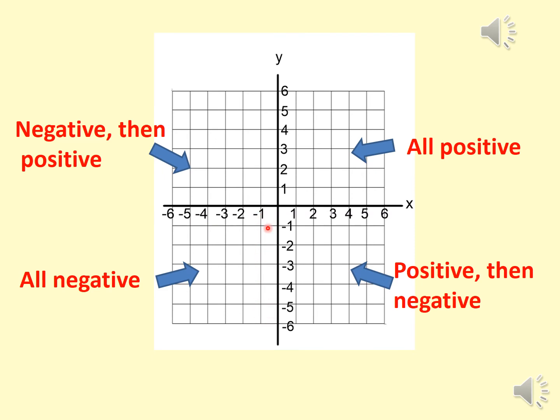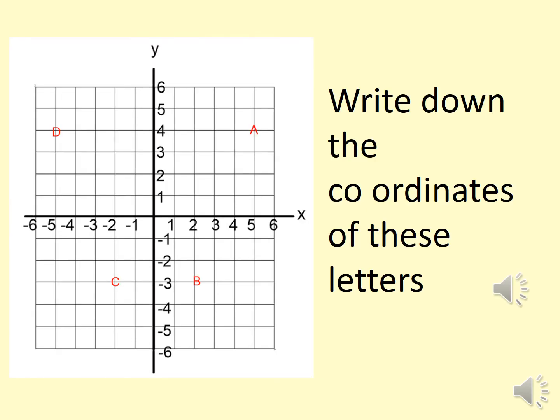If we move along to the bottom right, then all of the x-axis numbers in that quadrant are positive, and all of the y-axis numbers, the ones going top to bottom, bottom to top, are negative. So each quadrant has its own balance of positive and negative coordinates. Using that information, see if you can write down the coordinates of these letters.